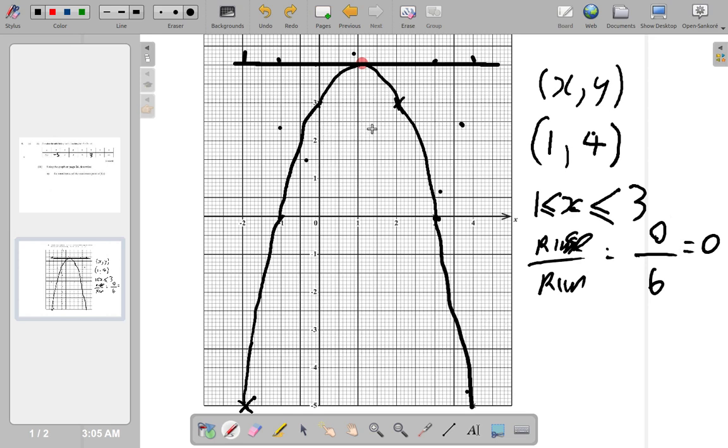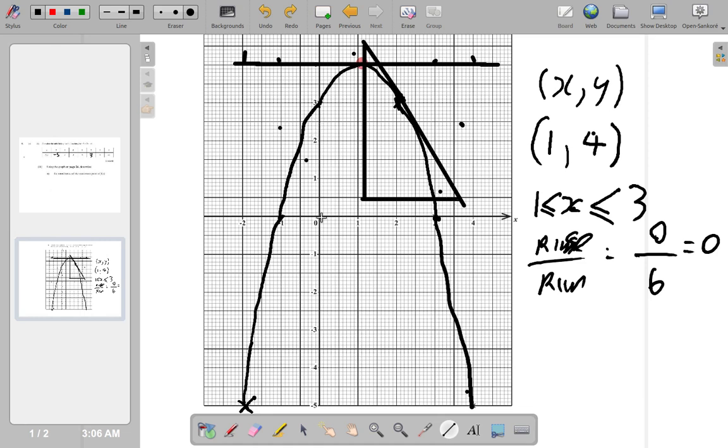If they had asked you what is the gradient when x is 2, it would be right at this point. You would place your ruler so that you can draw, not horizontal, a straight line to this point, and you take your rise from a right angle triangle, rise over your run, and use the values on the triangle on the graph to determine your rise over run.